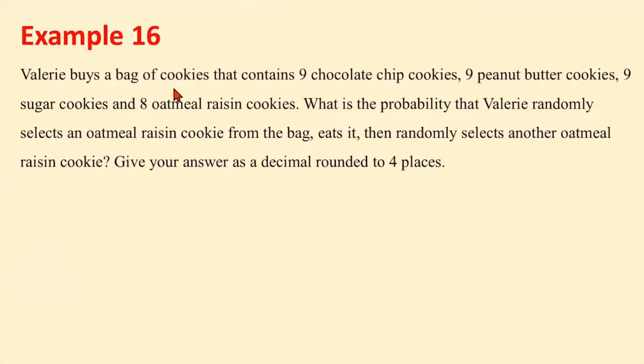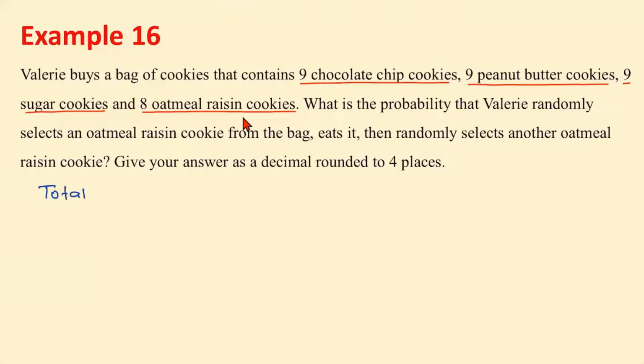Valerie buys a bag of cookies that contains 9 chocolate chip cookies, 9 peanut butter cookies, 9 sugar cookies, and 8 oatmeal raisin cookies. So if we look for the total number here, let's add them.